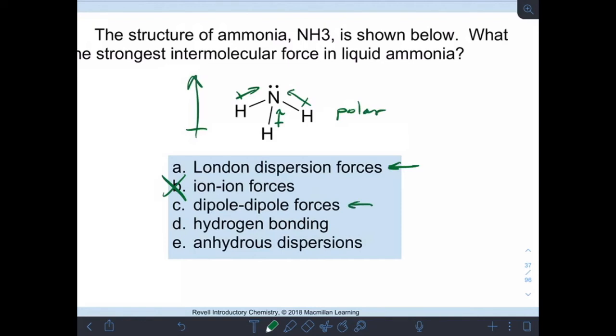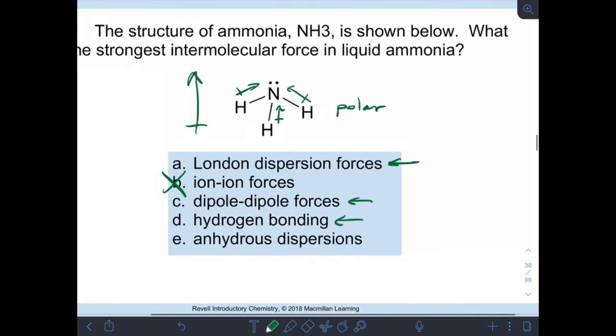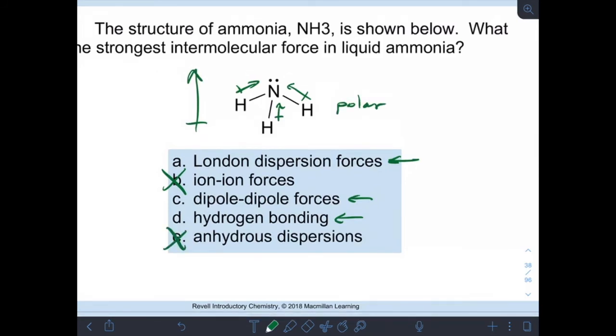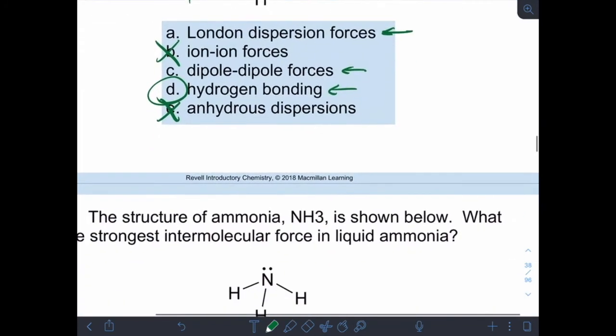Do I have hydrogen bonded to oxygen, nitrogen, or fluorine? The answer is yes. So hydrogen bonding, and we're not even going to discuss dispersion. There's no reason. Okay, so of these 3, the hydrogen bonding wins.